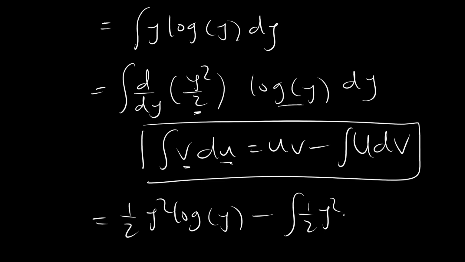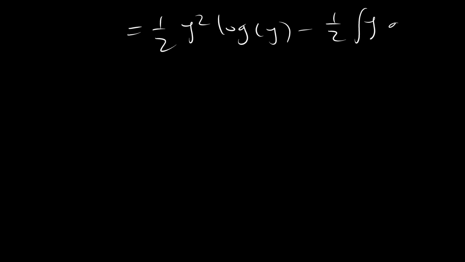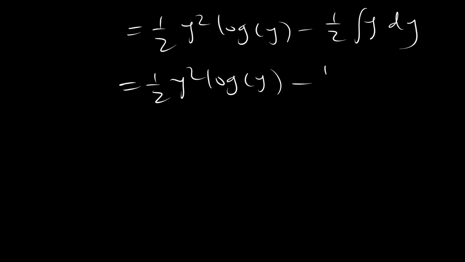Derivative of log y is 1 over y. So this and that cancel. So we've come to a half y squared log of y minus a half y, which is a half y squared log of y minus a quarter y squared plus the integration constant.